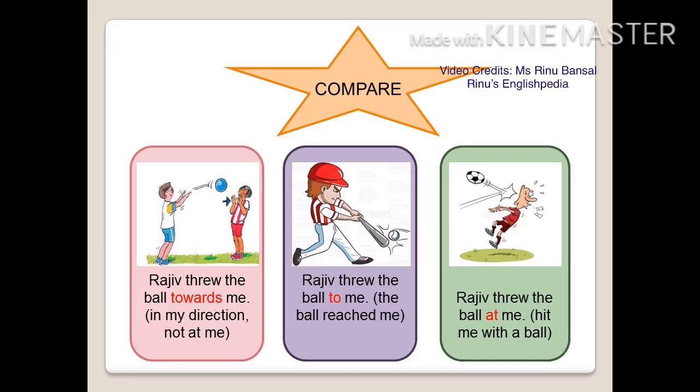In the second sentence, threw the ball to me, it refers to the fact that the ball reached me but it did not hit me. However, in the third sentence, Rajiv threw the ball at me, it refers to the fact that the ball hit me. Thus, it is easy to understand how different prepositions can alter the meaning of the same sentence.